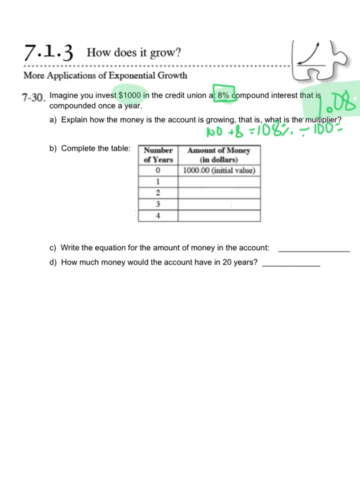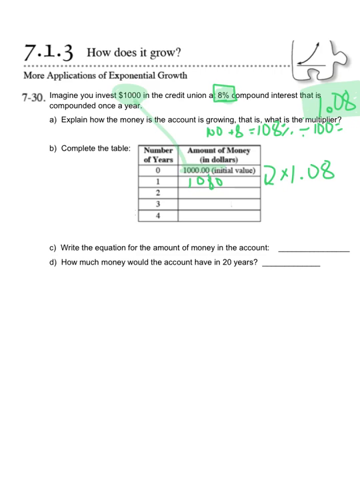So if I wanted to build a table or an equation, I would know that I started with $1,000 and that if I multiply by 1.08, it will grow by 8%. And I'm going to get 1,080.